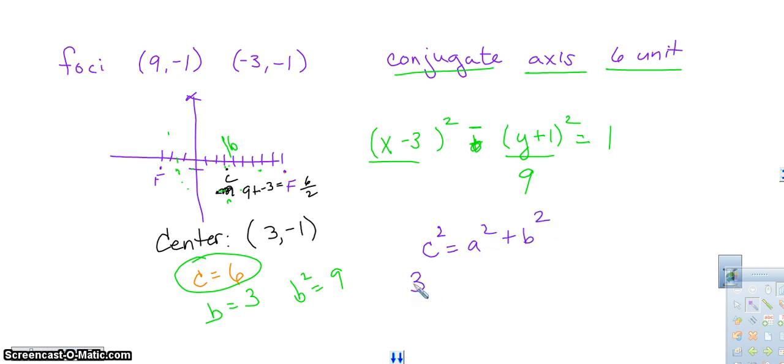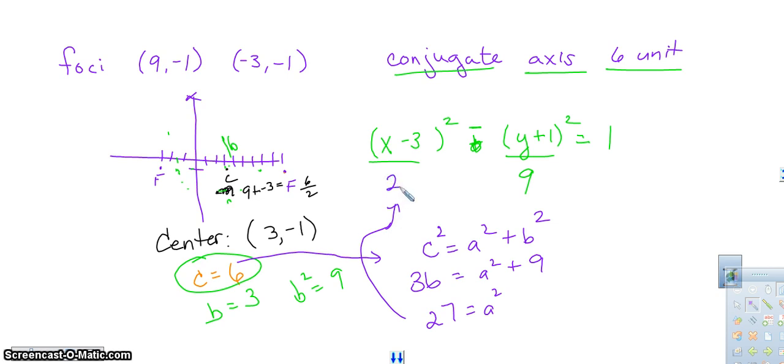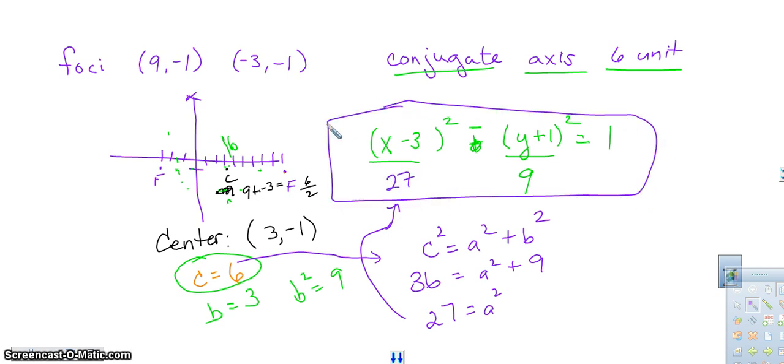So 36, from 6 squared, equals a squared plus 9. So a squared equals 36 minus 9, which is 27. I put 27 right here, and I have my equation with foci at 9, negative 1 and negative 3, negative 1, and a conjugate axis of 6 units.